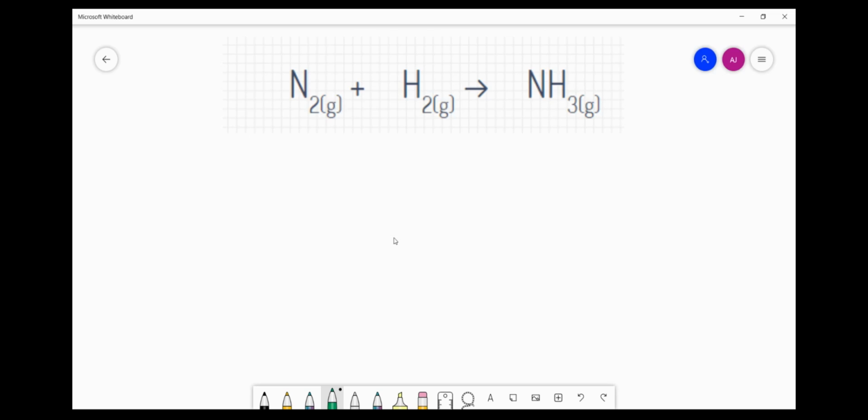Let's go through this step by step. Now, you may have noticed already that this equation looks different, and this is our first step. Every time we do a stoichiometry problem, you need to check that the chemical equation is balanced, and if it's not, you need to balance it.